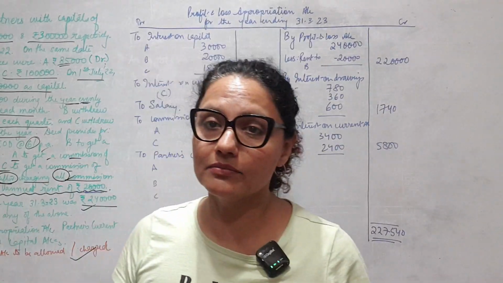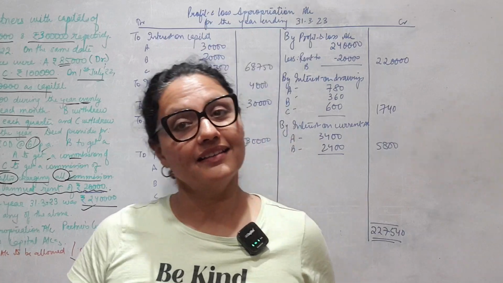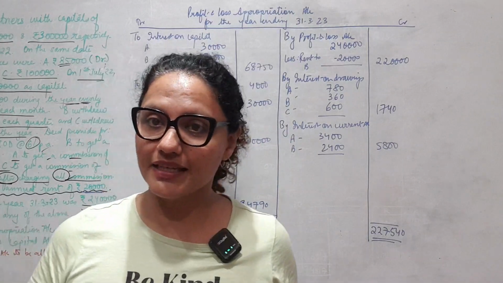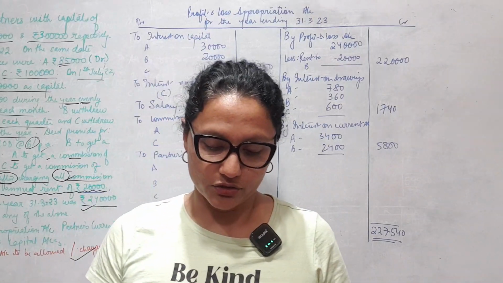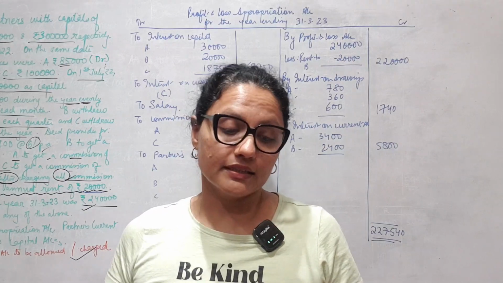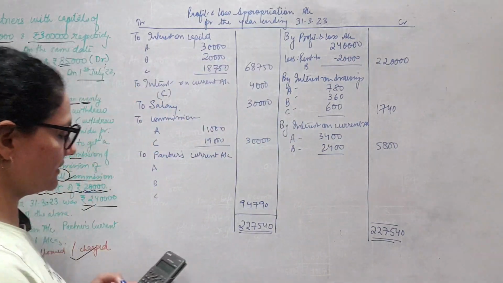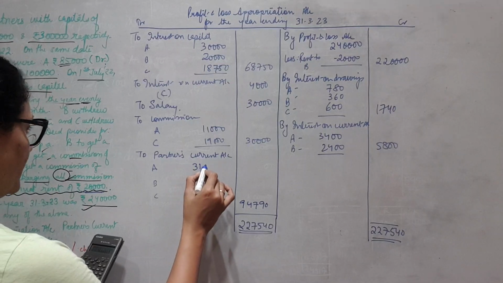Is it given in the sum? No. That means, what does the Partnership Act say? Equal. There is no specification of any profit sharing ratio. So we divide this divisible profit by 3. It comes to 31,596.6666, something like that. So we will round it off.